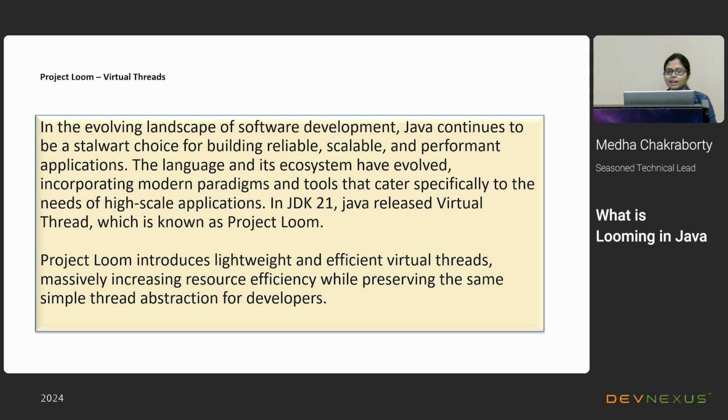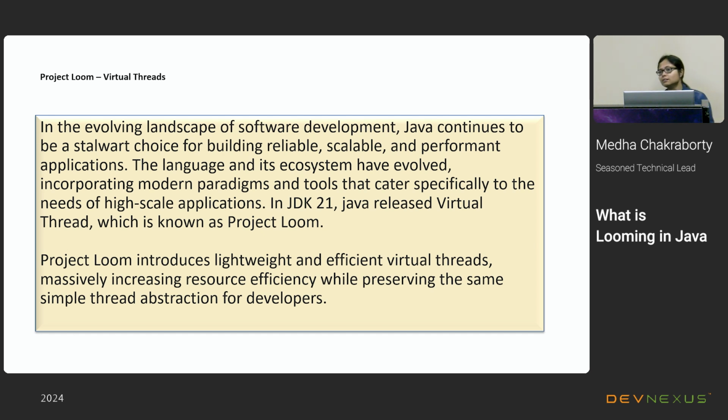So, in the evolving landscape of software development, we all know that Java continues to be a stalwart choice for building reliable, scalable, and performant applications. The language and its ecosystem have evolved, incorporating modern paradigms and tools that cater specifically to the needs of high-scale applications.